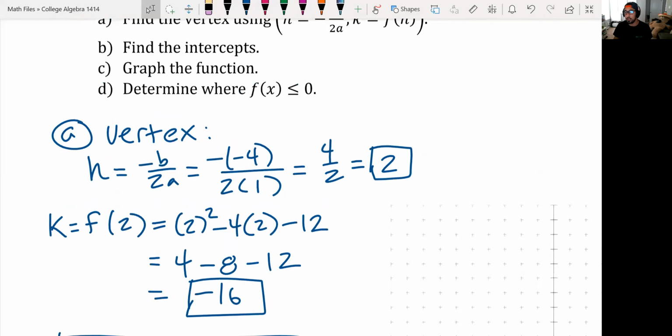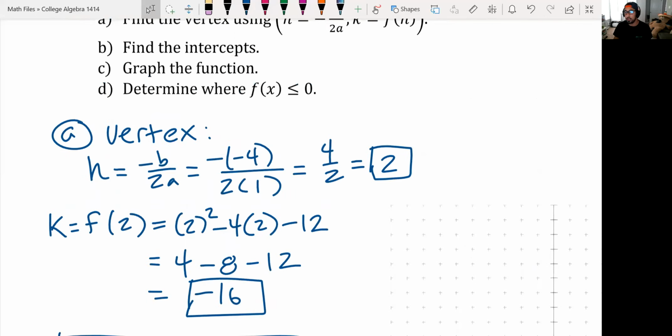And I'll do the same above: 2, 4, 6, 8, 10, 12. I think that's as high as we go.